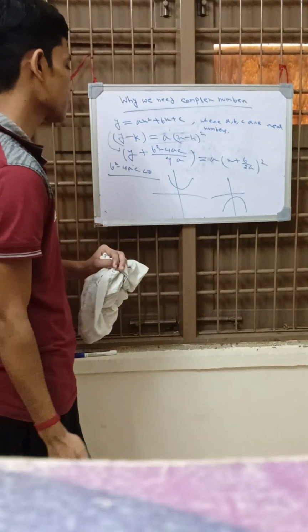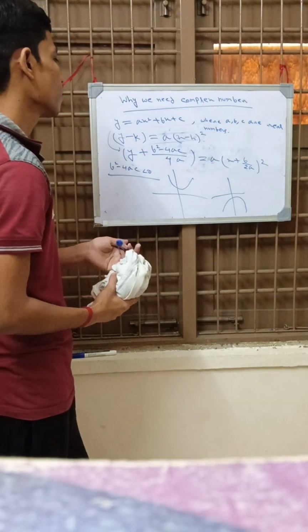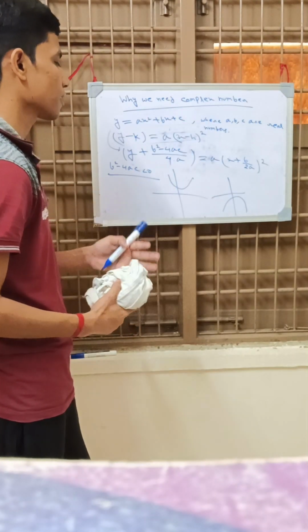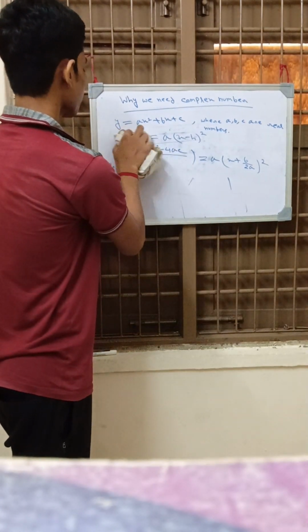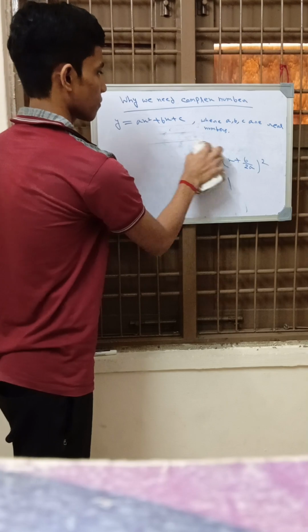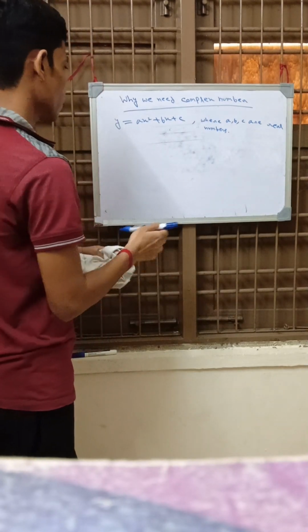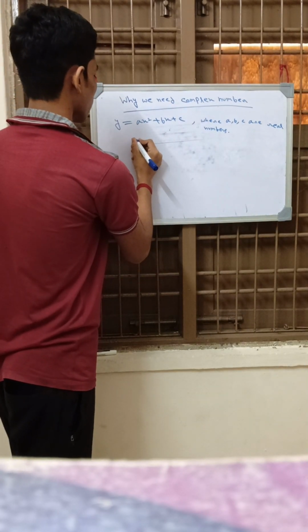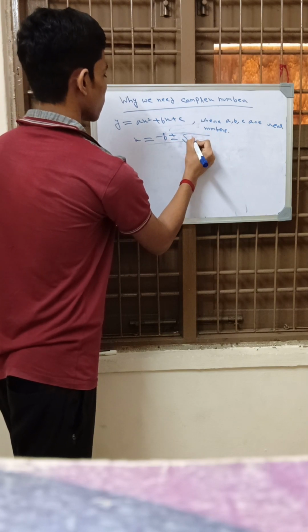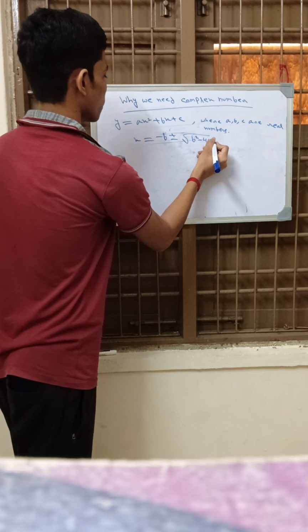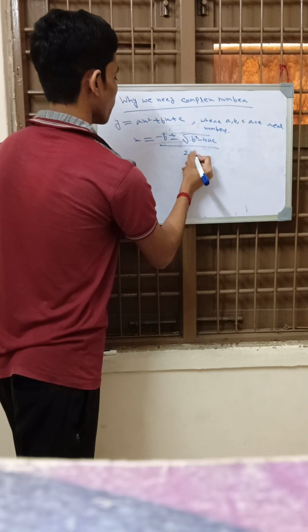Now in this case, how do we define the solution of the quadratic equation ax square plus bx plus c? Let's see that. We know that our solution is x equals minus b plus minus square root of b square minus 4ac, by 2a.